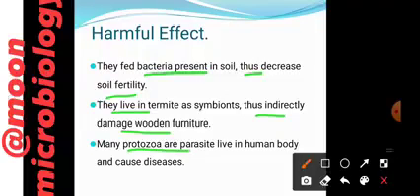Many protozoa are parasites. They live in the human body and cause disease. I can give a few examples, such as Plasmodium species. Plasmodium is responsible for causing diseases such as malaria.